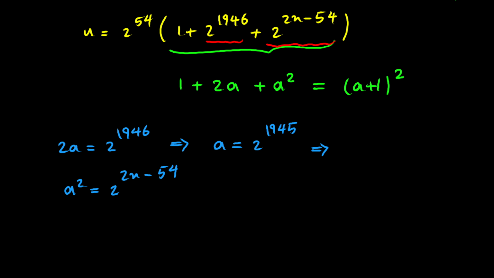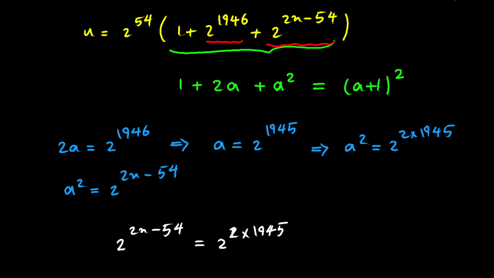And if I square both sides, I get a squared is equal to 2 to the power of 2 times 1945. Now, since a squared is equal to a squared, I can say that 2 to the power of 2x minus 54 is equal to 2 to the power of 2 times 1945.